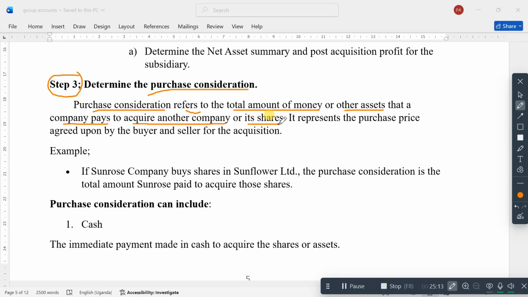It represents the purchase price agreed upon by the buyer and the seller for the acquisition.